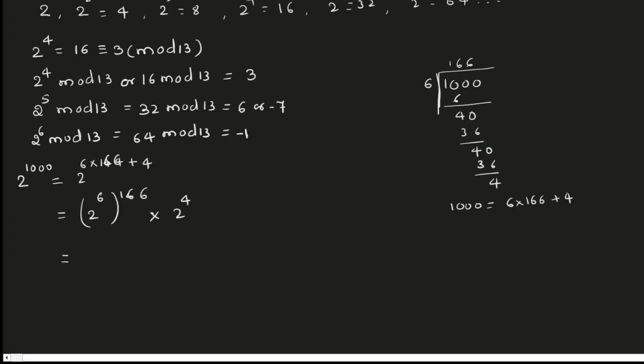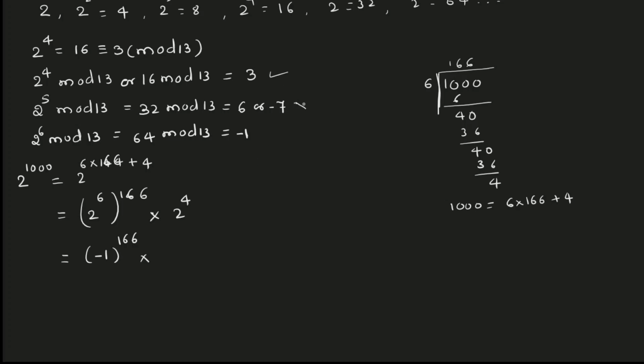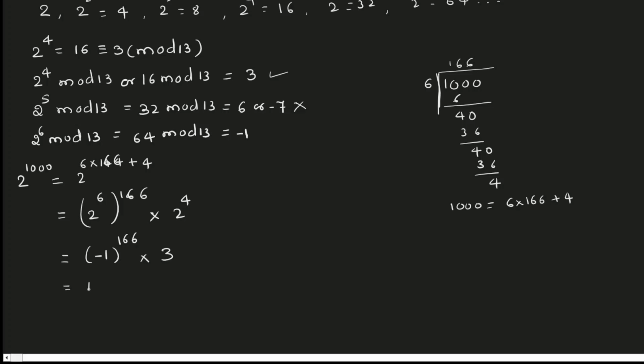Already you know 2 raised to 6 has remainder minus 1. So minus 1 raised to 166 into 2 raised to 4, whose remainder is 3. If you want to calculate this you can, or else it is not necessary. Minus 1 raised to an even power, 166, is 1 only. 1 times 3, so the remainder is 3.